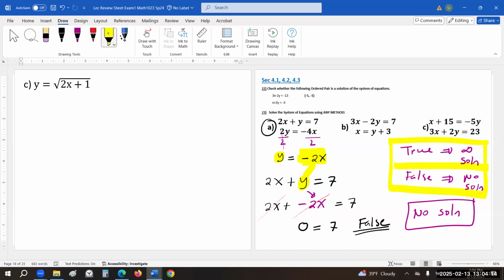So if your variable gets cancelled out, then you have two choices, either infinite solution or no solution. How do you recognize? If the same numbers are on both sides of the equal sign, it's true. If you have two different numbers, it's false. When you have some x value or some y value.